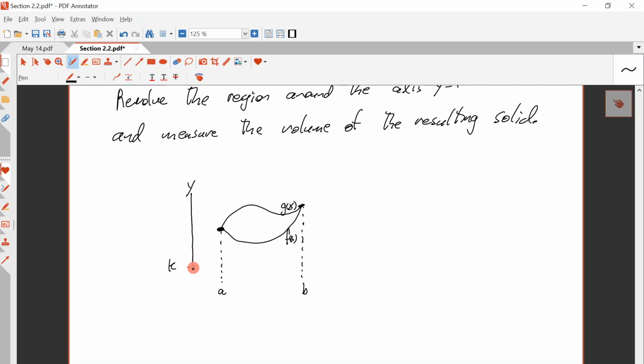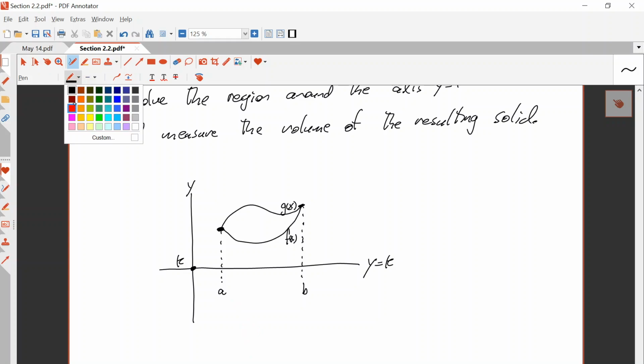So here's the y-axis. The x-axis is missing. Well, it's there, I'm just not showing it. And here's the horizontal line, y equal to k. So the x-axis is y equal to 0. And I'm going to take this region and revolve it.